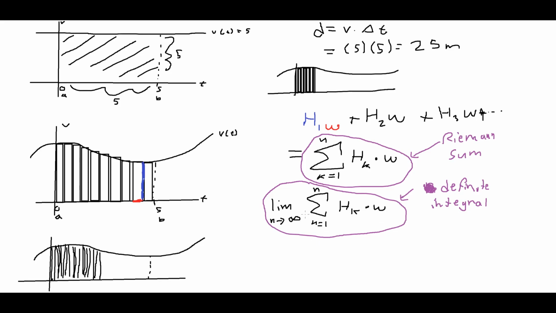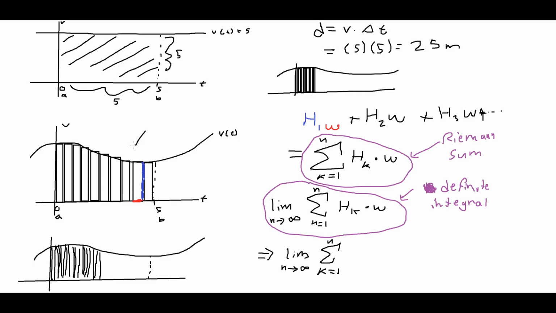I used height and width to really illustrate that these are the heights and widths of rectangles, but you can write this a little bit more formally as the limit as n approaches infinity of the sum from k equals 1 to n of, well, what is the height of each rectangle?